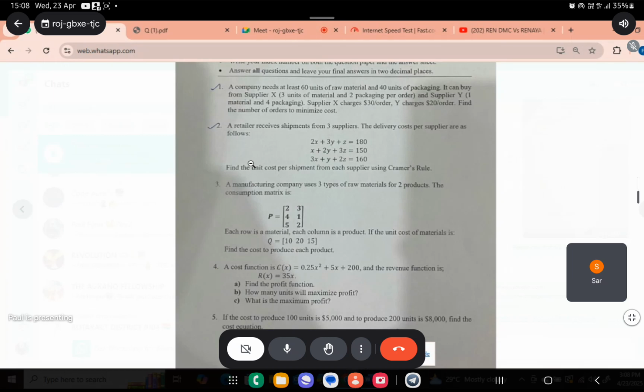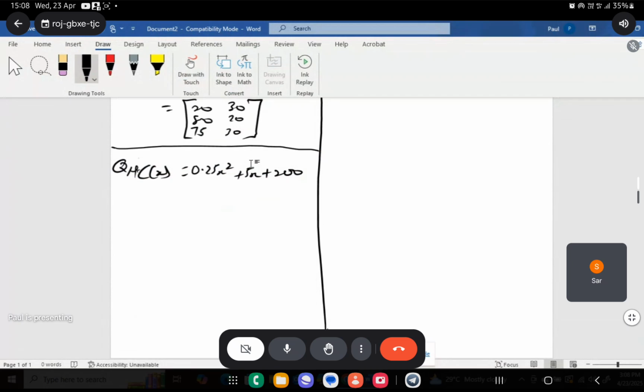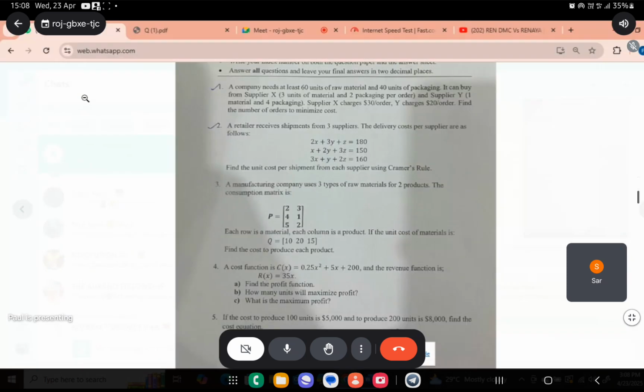And the revenue function is R equals 35x. So this C stands for cost and the R stands for revenue. What is the question? It says: A, find the profit function. B, how many units will maximize profit? C, what is the maximum?